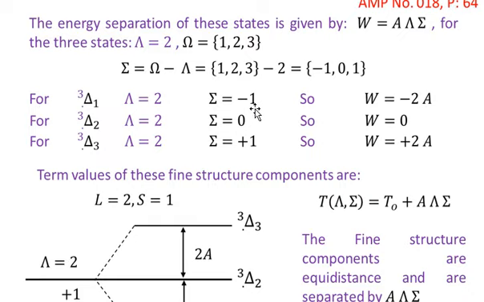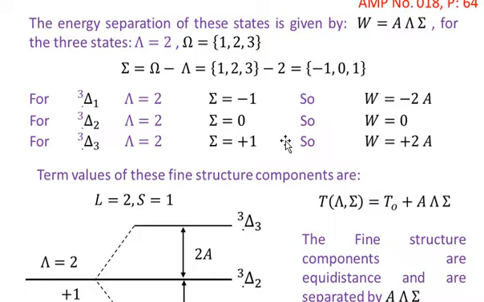Putting the value of capital lambda and capital sigma, you will get W equal to -2A. Similarly, for 3 delta 2, capital lambda is equal to 2, sigma is equal to 0, so putting this value, you will get W is equal to 0. For 3 delta 3, capital lambda is equal to 2, sigma is equal to +1, and W will be equal to +2A.